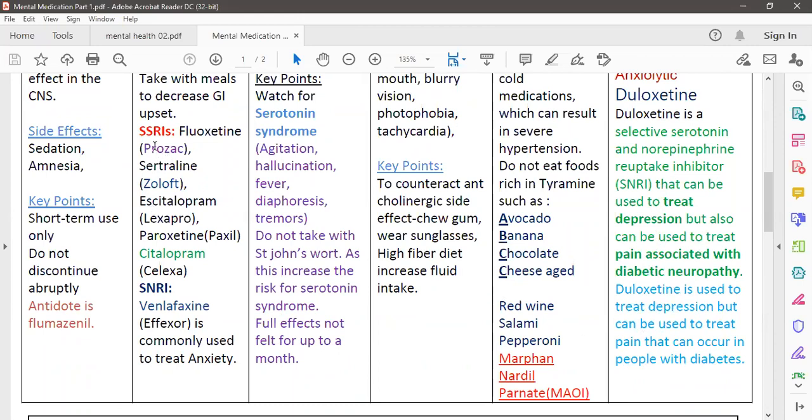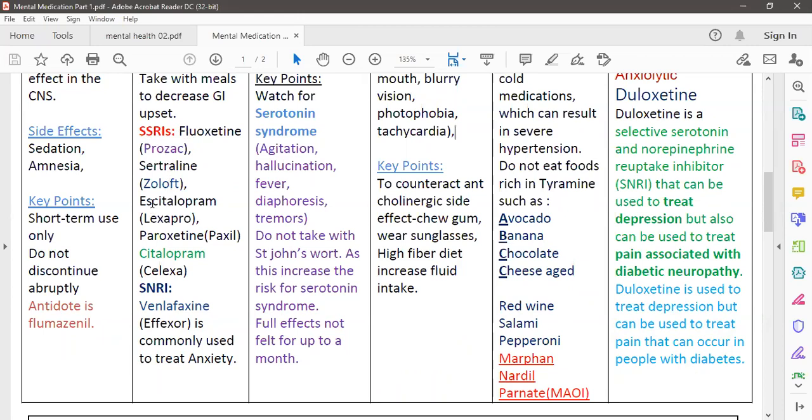Some important things commonly asked in the NCLEX board about SSRIs. Examples of SSRIs: fluoxetine, shortly called Prozac. Sertraline, called Zoloft.